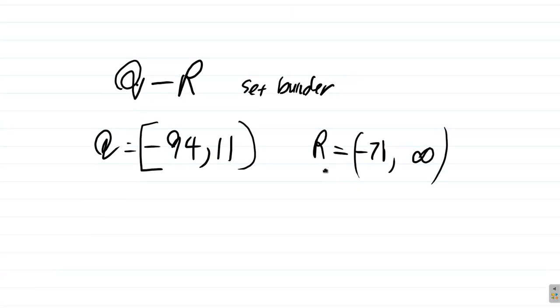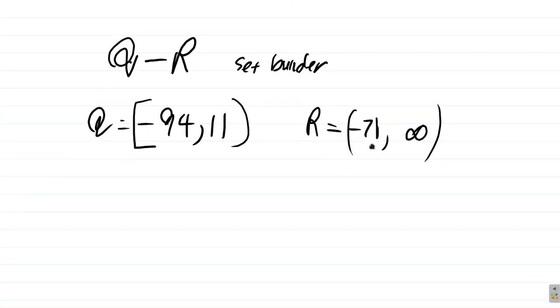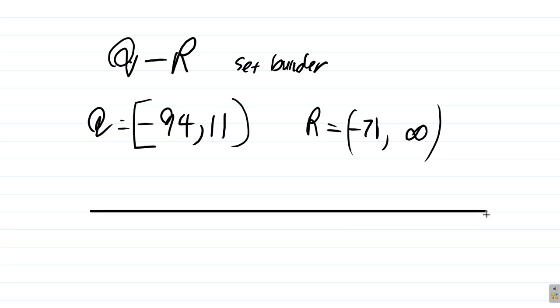Now, if I should draw the number line here, now this goes way back to negative 94, so let's put a negative 94 here. You go up and up. Let's say you have 0 here, and you go above, you have 11.